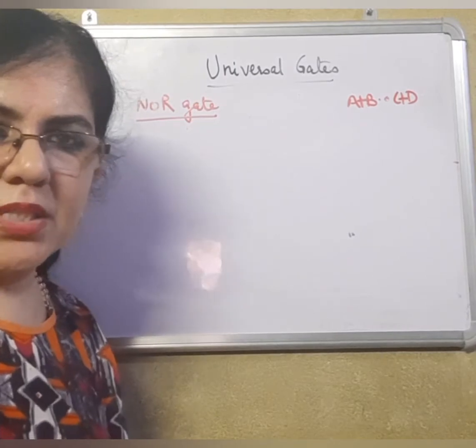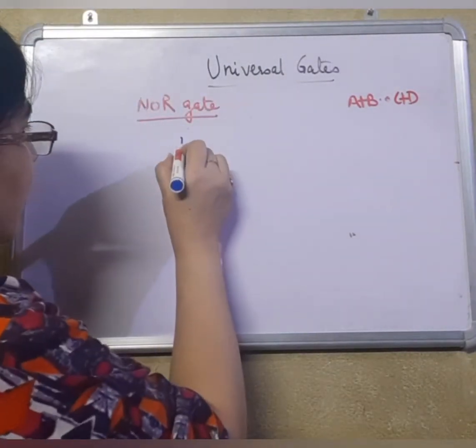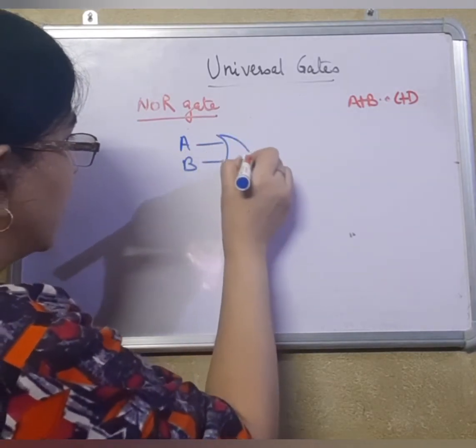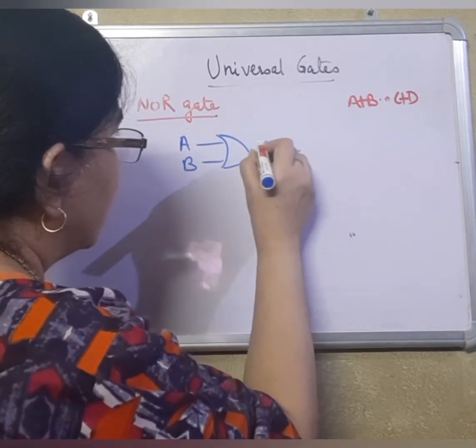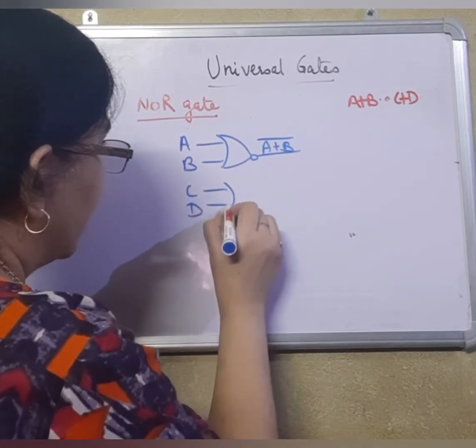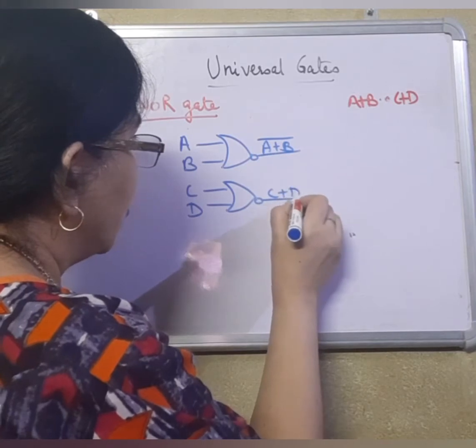For this, we will be passing it directly. A and B directly through a NOR gate, we get A plus B whole bar. C and D, pass it directly through a NOR gate. You get C plus D whole bar.